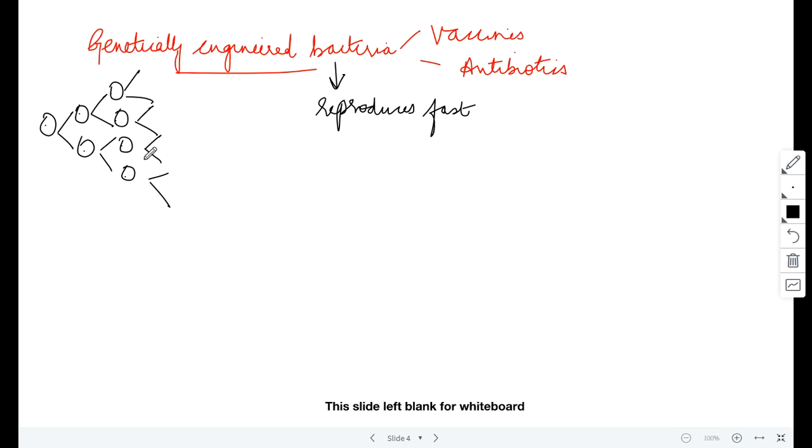Now let's talk about our body. We have a chemical in our body that we call insulin. You know about insulin? What is the main function of insulin? It controls the blood sugar level.